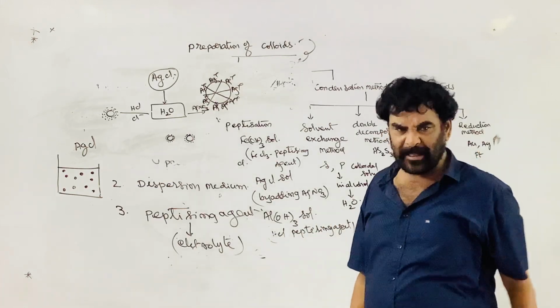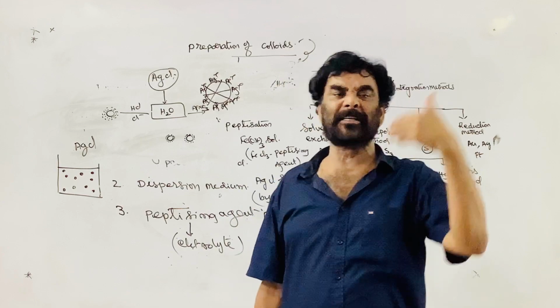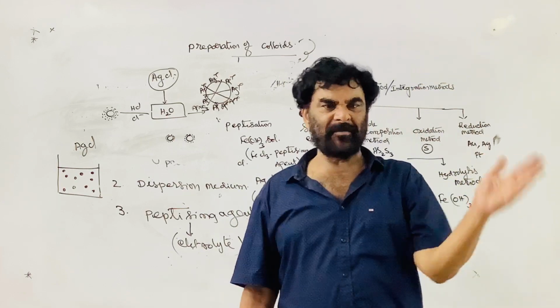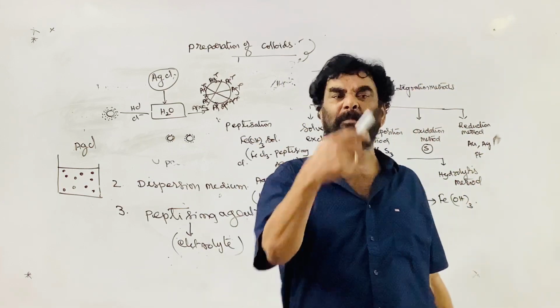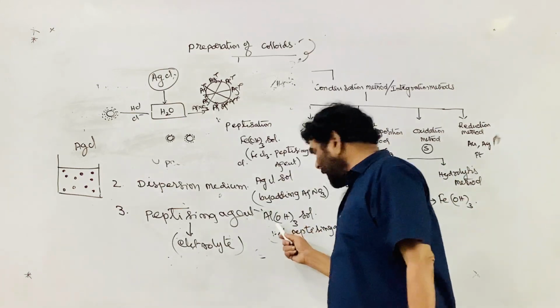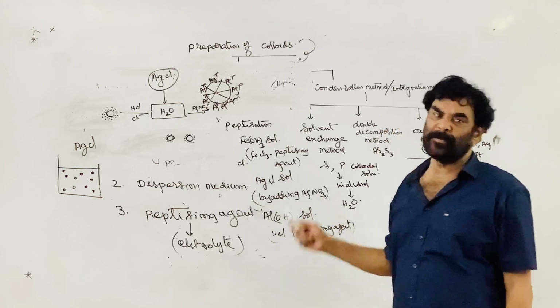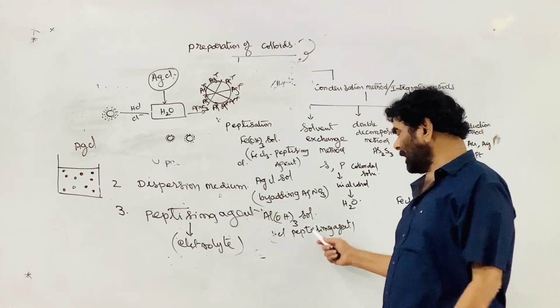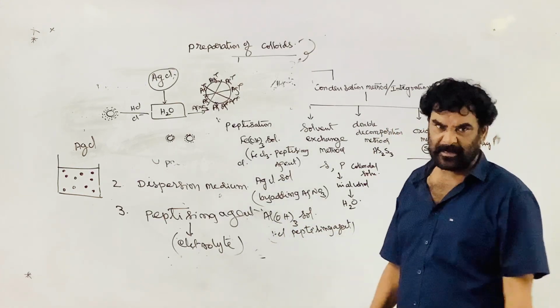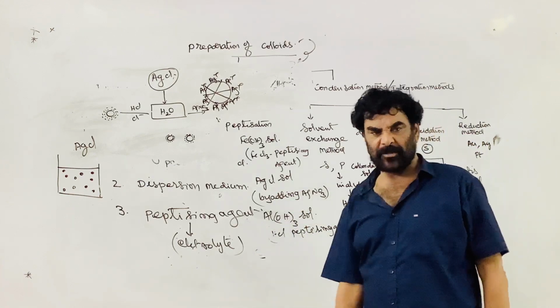Now, instead of adding AlCl3, we add the HCl, which automatically converts part of the aluminum hydroxide into aluminum chloride and produces aluminum ions. To peptize this, either aluminum ions or OH minus ions are required. When you add the HCl, the aluminum ions are created, or you add some amount of sodium hydroxide.